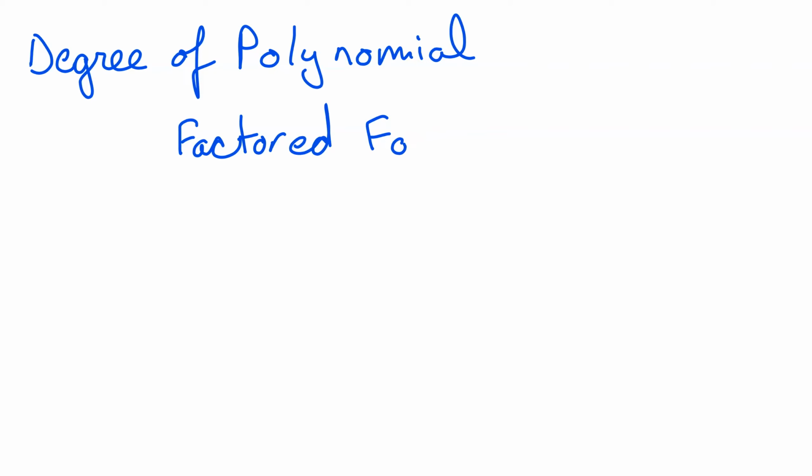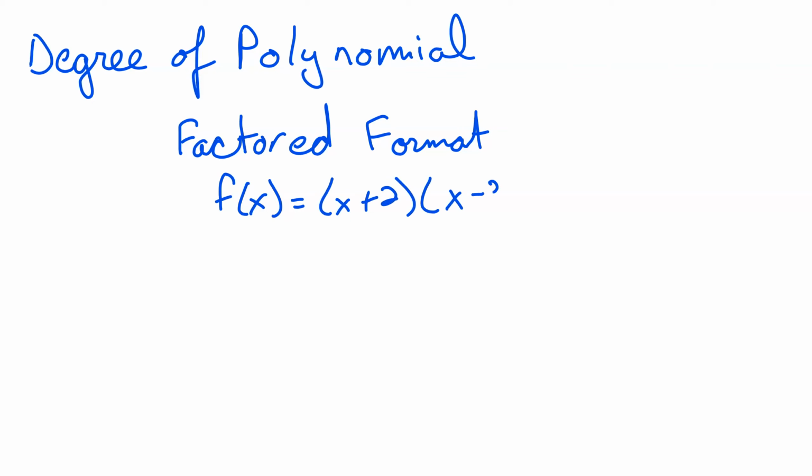it's written in factored format, that's when we have like f of x is equal to, say, an x plus 2 times an x minus 3 squared times a 2x plus 1 to the third power times an x minus 5. This is factored format.